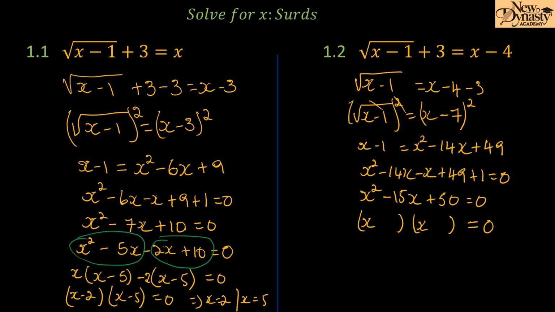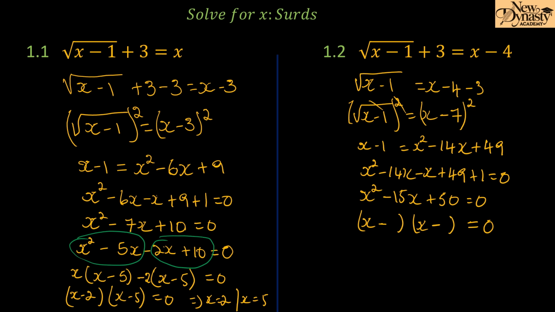Our middle term is 15. And the sign of the middle term is negative, and the sign of the constant is positive. So in this case, it means that both signs are going to be negative, because when you add two negative signs, you get a negative sign, and that is what you're going to get for the middle term. And when you multiply two negative signs, you get a positive sign, and that is the sign that we're going to get for the last term.